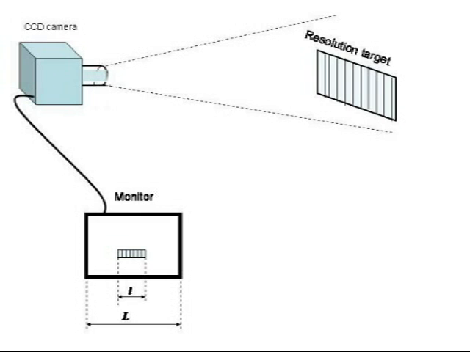So 1 black line on a pixel, 1 white line on a pixel, 1 black line on a pixel, 1 white line on a pixel. And that will allow you to find the horizontal number of pixels in your camera.